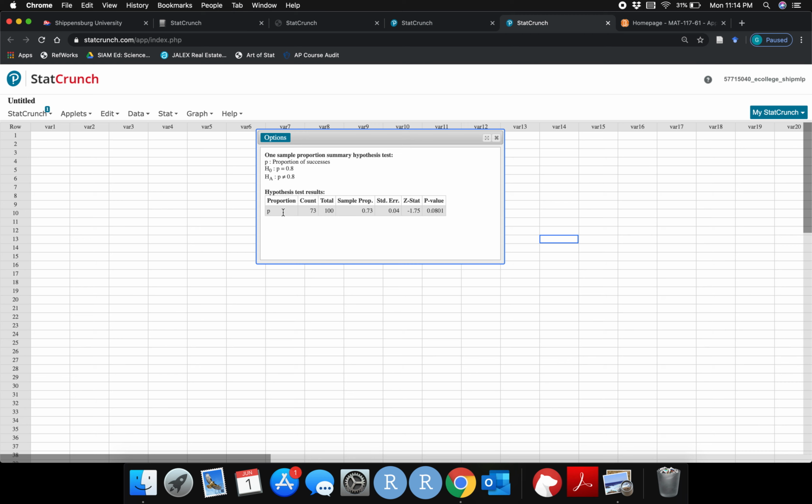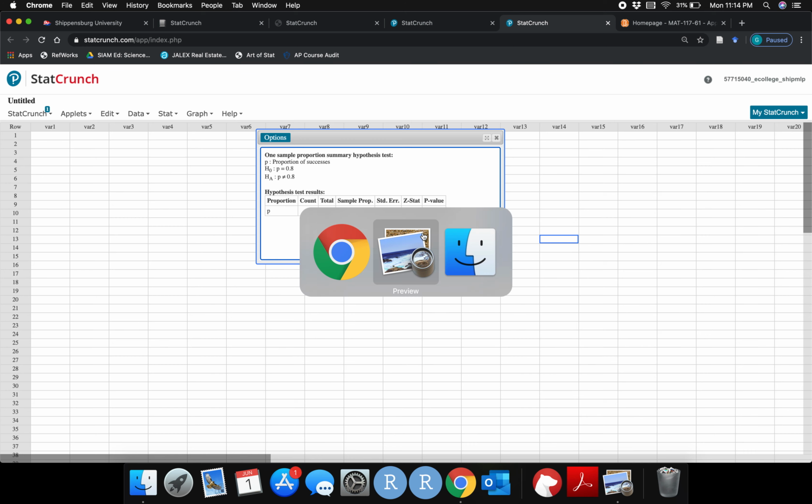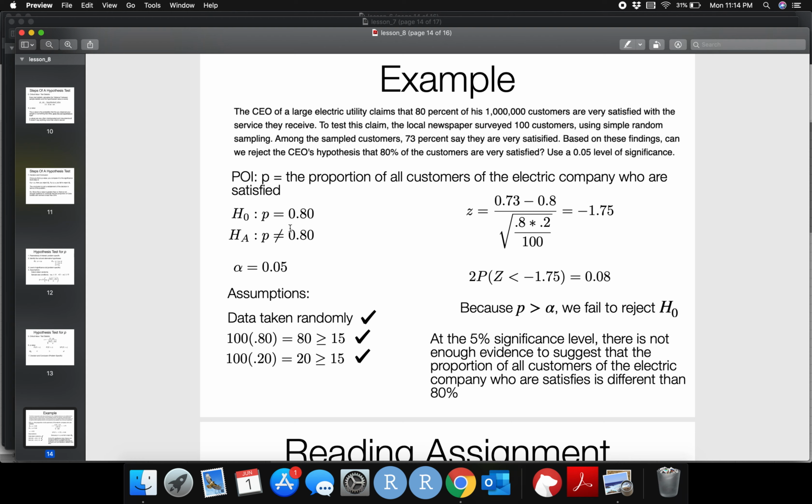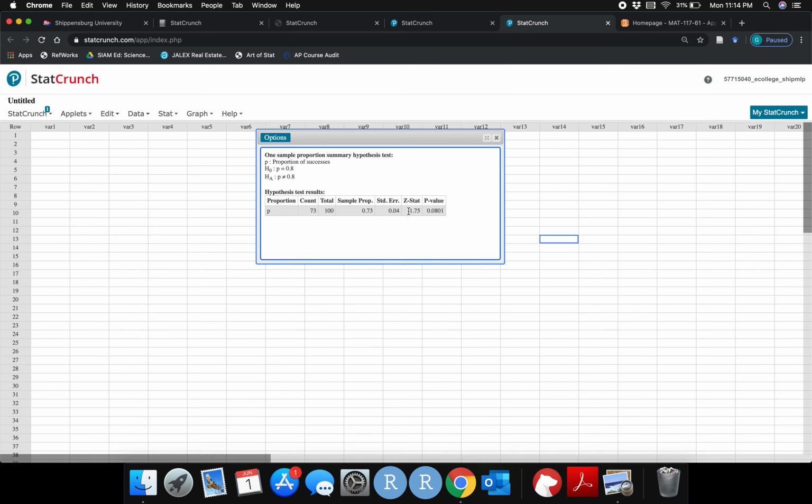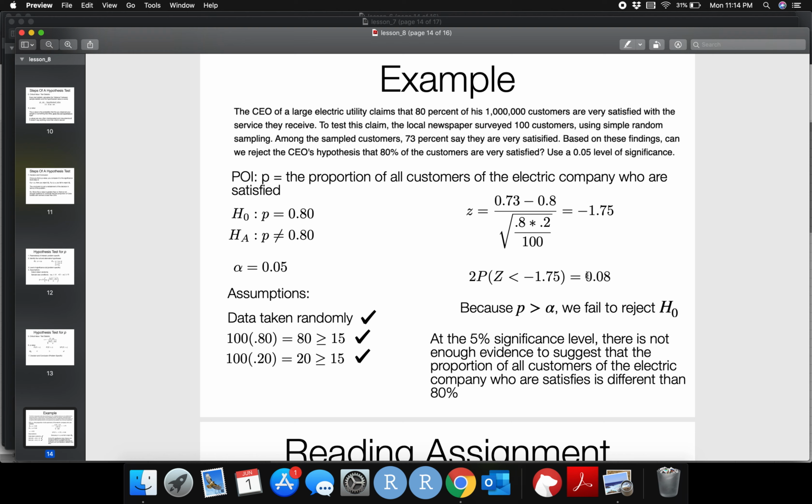If we look here, it gives you the count, the total, the sample proportion, the standard error. Here it calls something a z-stat. That is our test statistic. So this side doesn't really change, but here's our test statistic. I have negative 1.75, and it turns out that they also have negative 1.75, which is good. And then they also give you the p-value, 0.08.